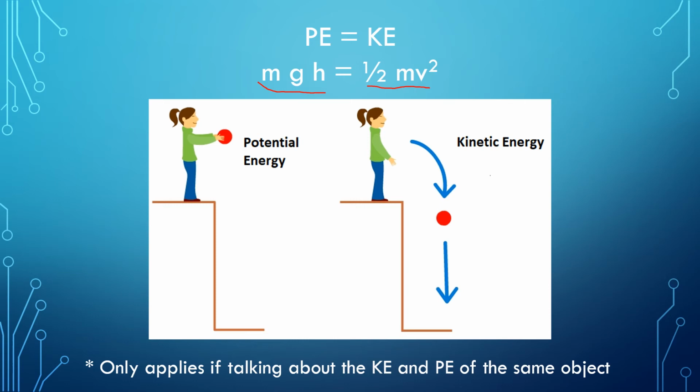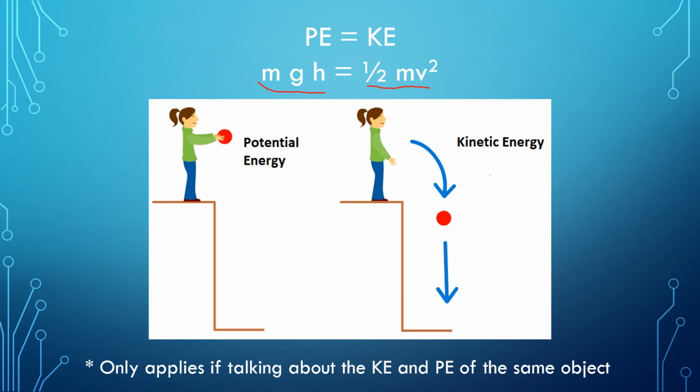In this diagram below, we have a person holding a ball over the edge of a cliff. That ball's not moving, so it has a certain amount of potential energy. Let's say I calculated it and it has 12 joules of potential energy. When I drop that ball, that potential energy is going to be converted into kinetic energy, moving energy.